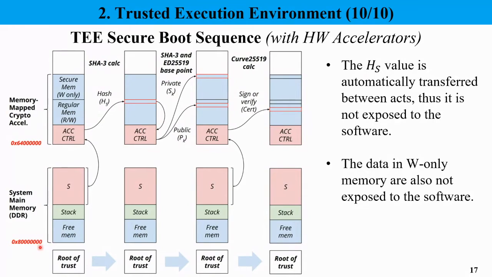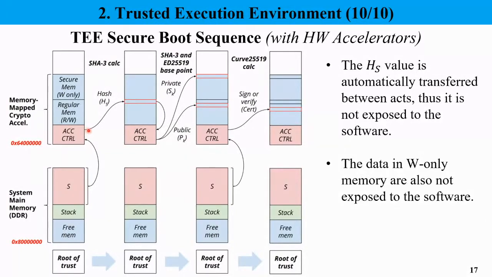First, the Linux image with the secure monitor embedded in DDR, depicted as S, is streamed to an SHA hash crypto core. The hash value HS is stored locally in the crypto core memory.